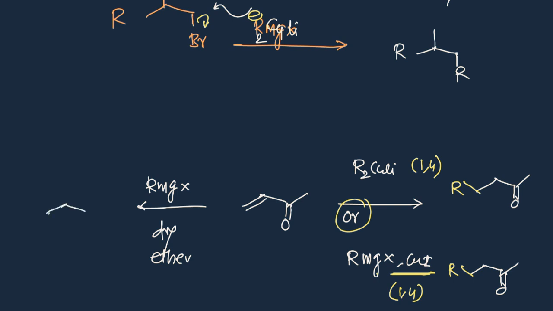In the case of simple RMgX, the double bond is intact and you will get the product here. So this is actually the difference between the Gilman reagent and the organomagnesium. So remember this one. Whenever we have copper salt along with this Grignard reagent, then it will show the 1,4 addition, same as that of a Gilman reagent.